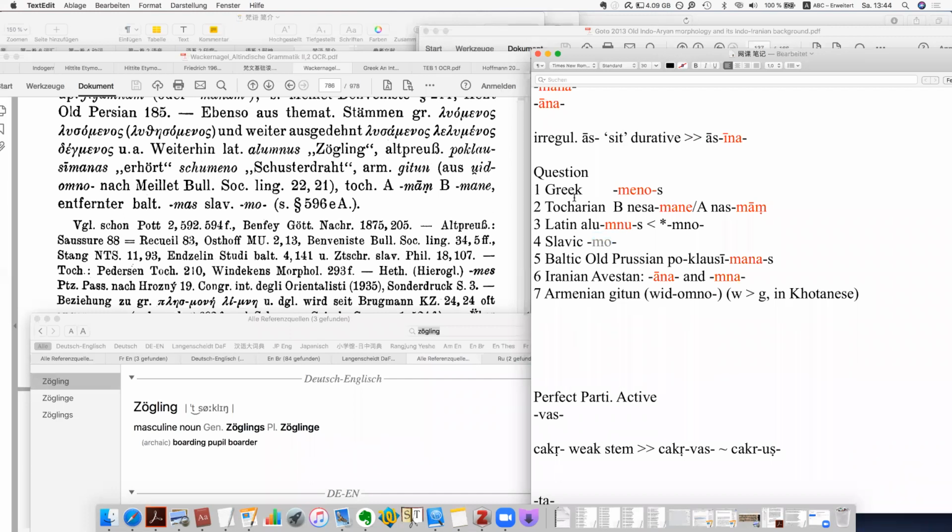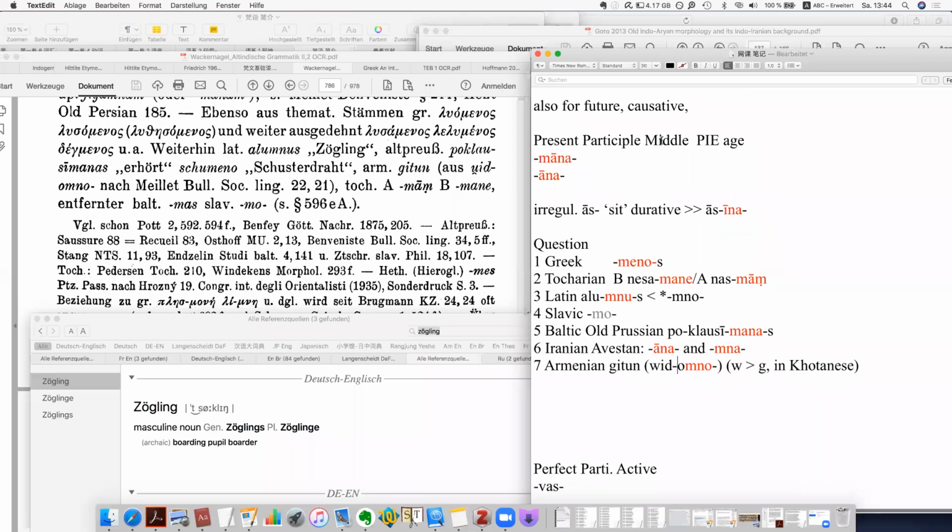Yeah. So as you can see, we actually have 起飞了，好吧，OK. So actually, you can see this middle participle is widely attested in Proto-Indo-European, in Indo-European languages, in Greek, Tocharian, Latin, Baltic, Iranian, Armenian, right?